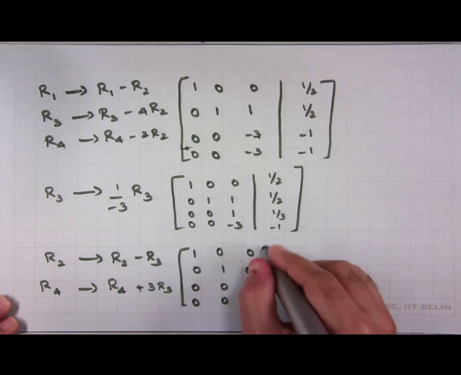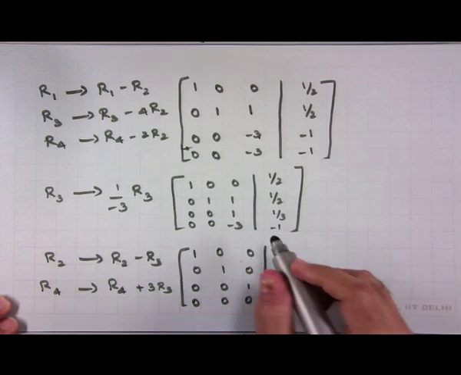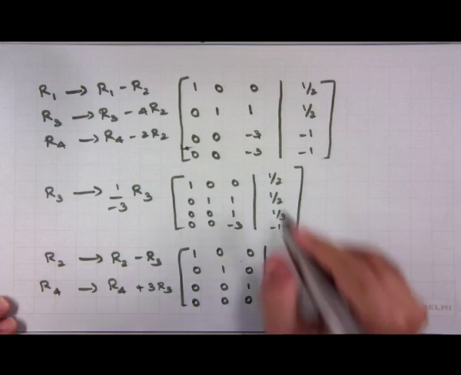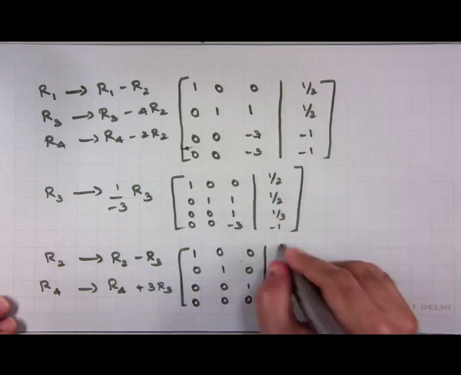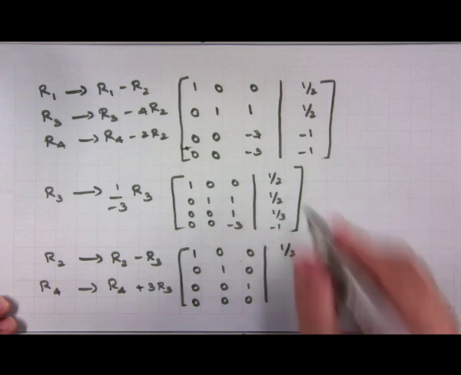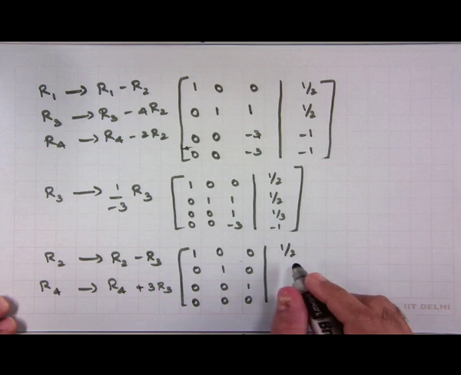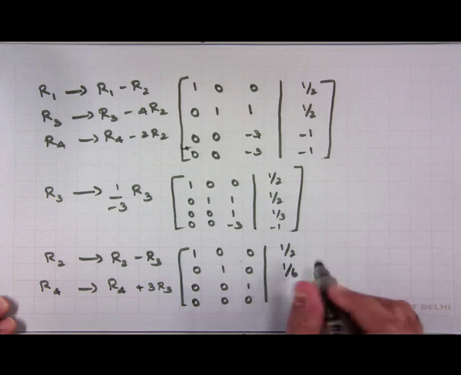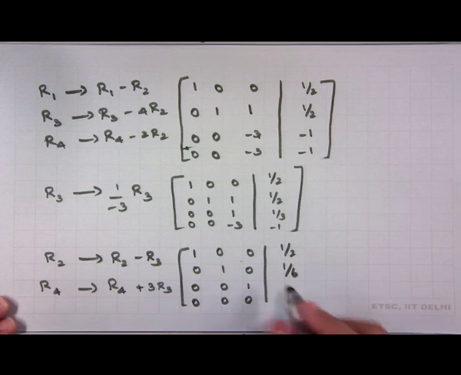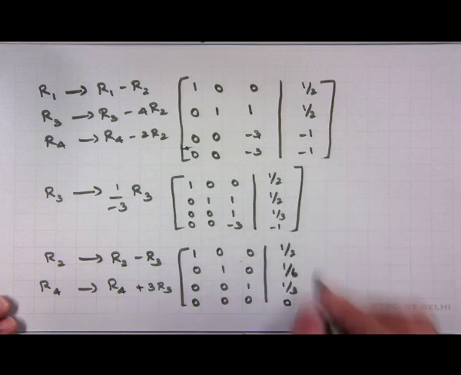Let us compute the last column. First one is just half. R2 minus R3: 1 by 2 minus 1 by 3, which will end up with 1 by 6, and then you have 1 by 3, last one is going to be 0.